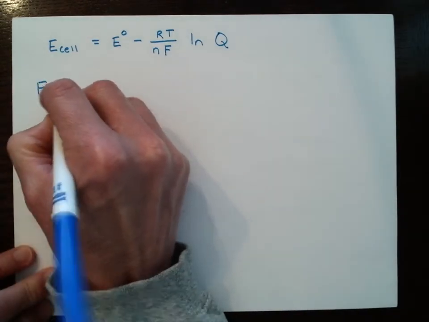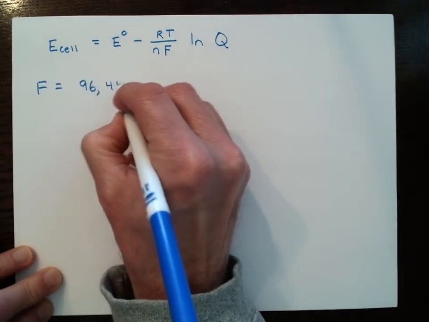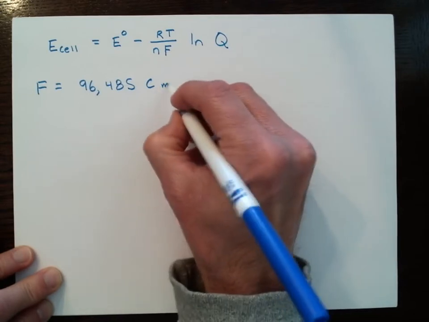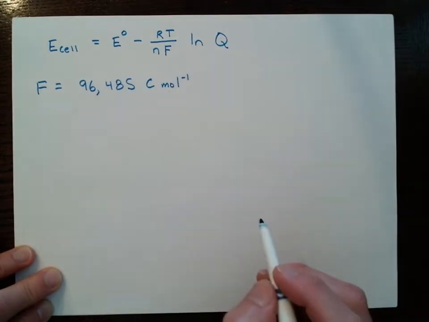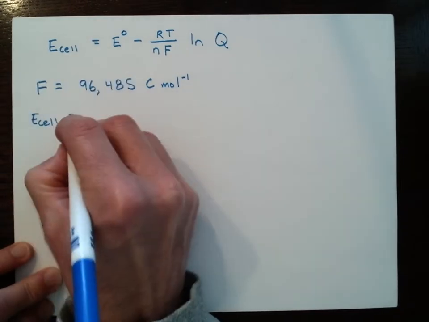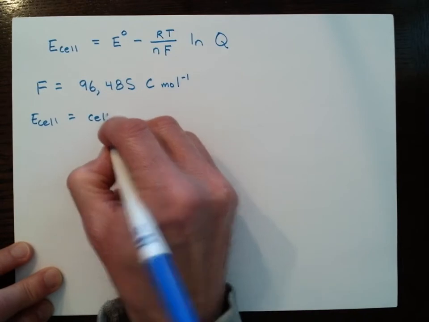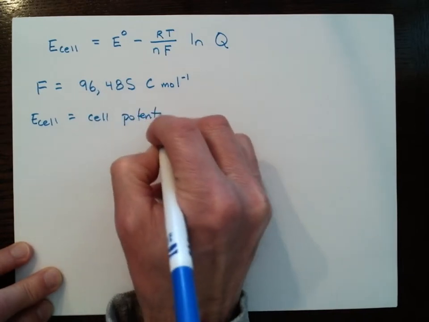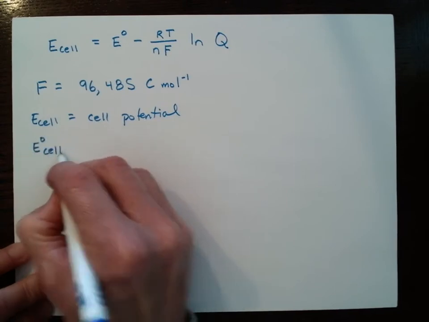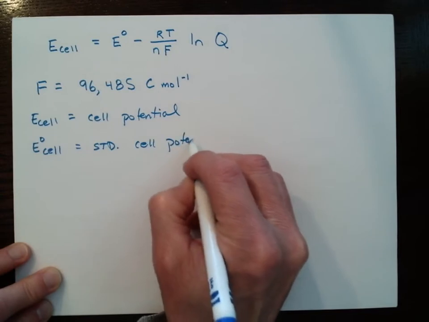F, that's going to be Faraday's constant. It's 96,485 coulombs of charge per mole of electron transferred. This is E cell. That's what we're usually going to be looking for. That's going to be the potential of the cell in question, so the cell potential. We know this. E0 cell, this is going to be the standard cell potential.